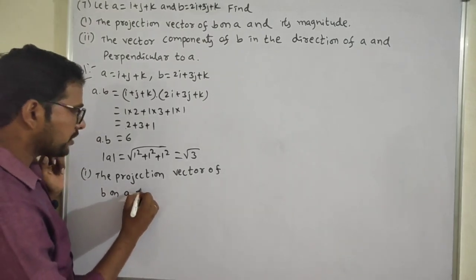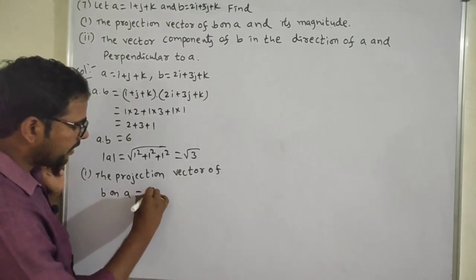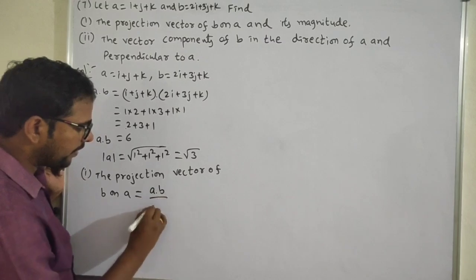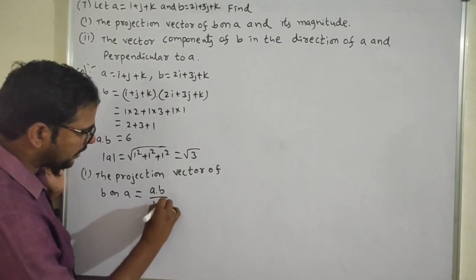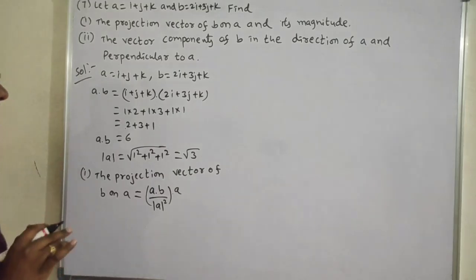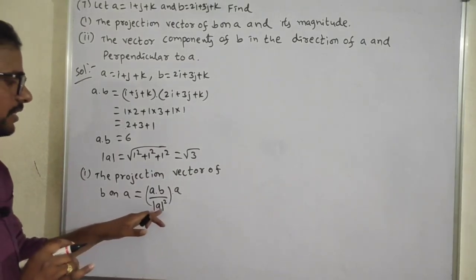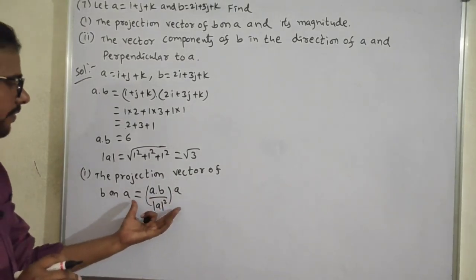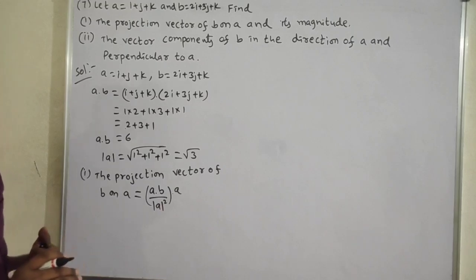What is the projection vector of B on A? We have the formula: A dot B by modulus A square into A. This is the projection vector of B on A.